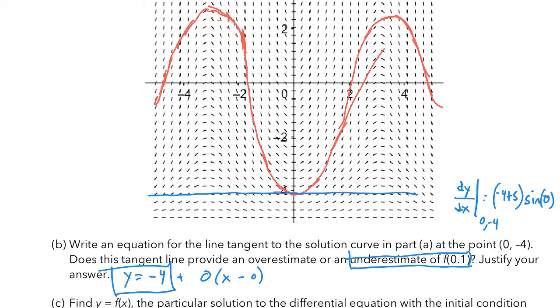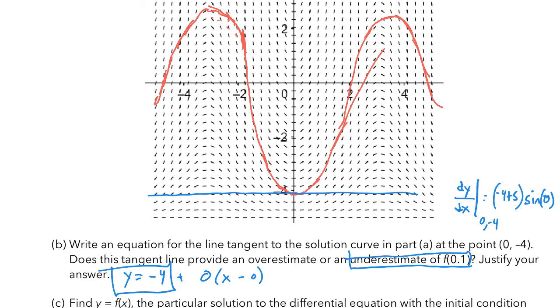The red graph is a potential graph of f, where f's derivative is y plus 5 sine x. So my f is probably some version of cosine, which is what my graph looked like. But here, yes, that blue line does seem to be an underestimate because the graph is curving up and away, because the slopes are positive.